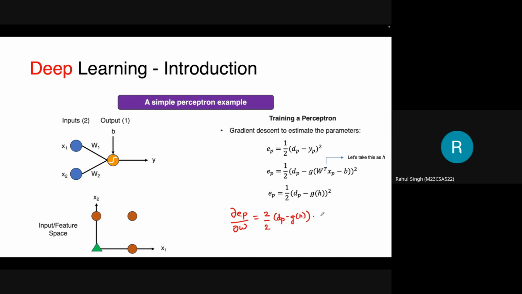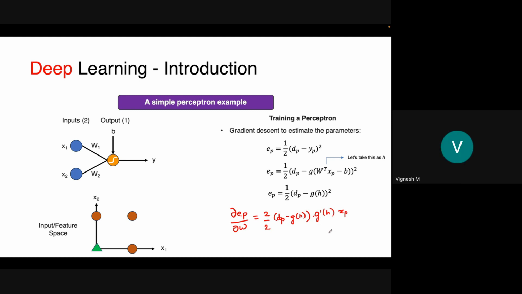You have already applied it on g of h. Now we will go inside. You have not applied it yet on g of h, right? So it will be g dash of h. Then you differentiate g dash, and now you can go inside h, which will be x_p, right? Minus x_p.